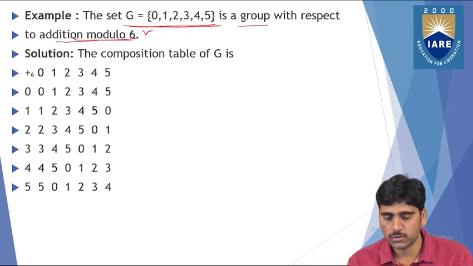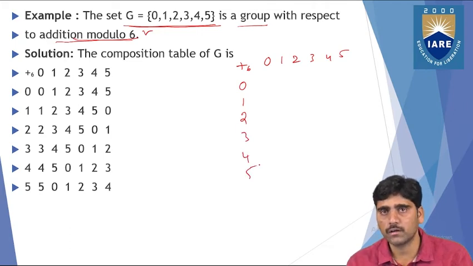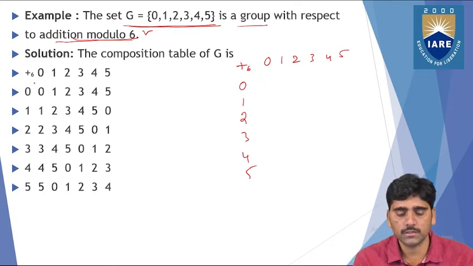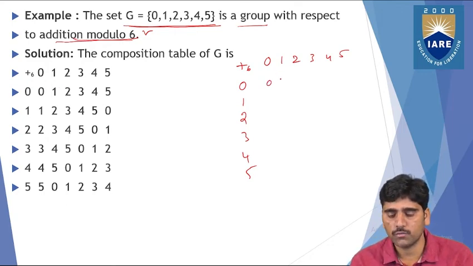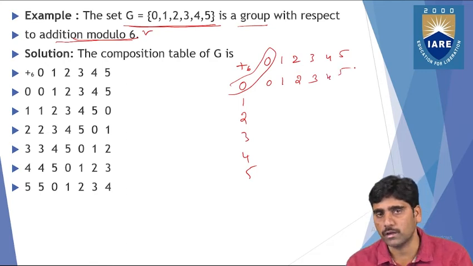This is plus modulo 6, and you take the values 0 1 2 3 4 5 along this side, and similarly 0 1 2 3 4 5 along the other side. After constructing this composition table, you need to fill in all the values. So 0 plus 0 is 0, 0 plus 1, 0 plus 2, 0 plus 3, and you will get all these values.